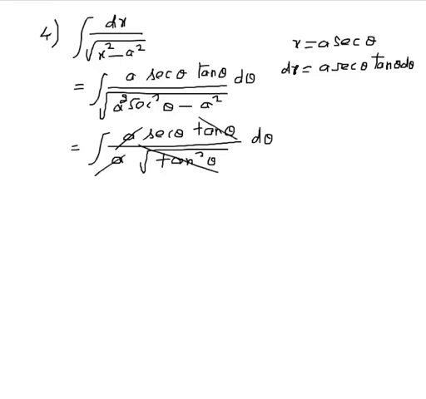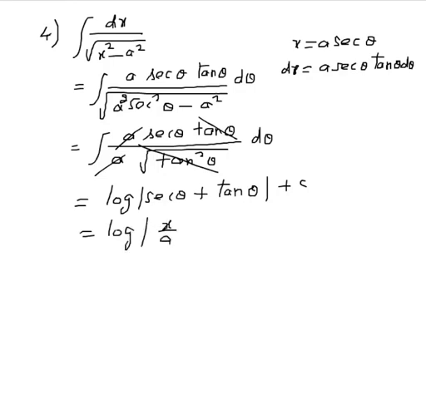So root of tan square and tan will get cancelled. Integral of secant theta is log of secant theta plus tan theta. Log of secant theta is x by a from this substitution.